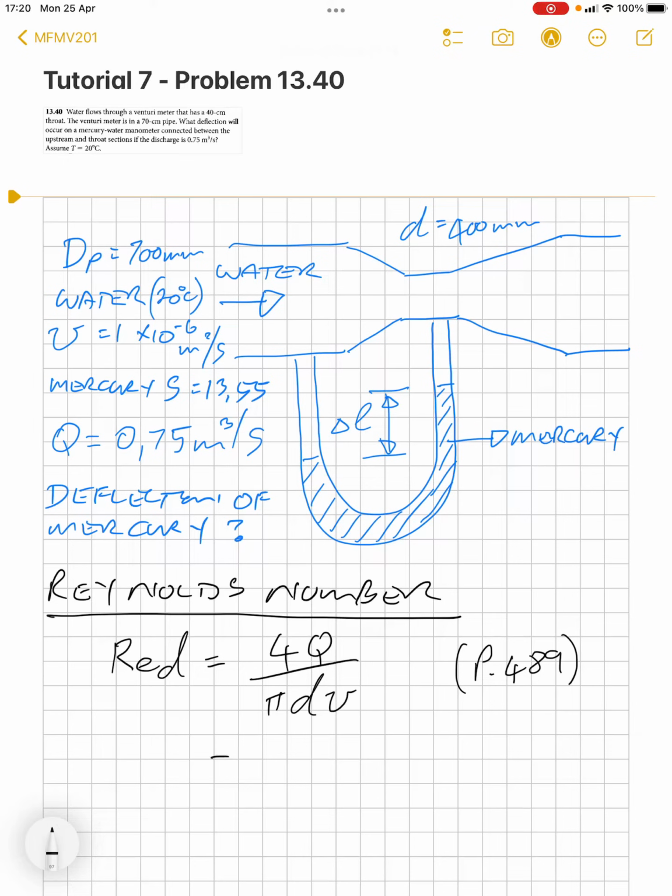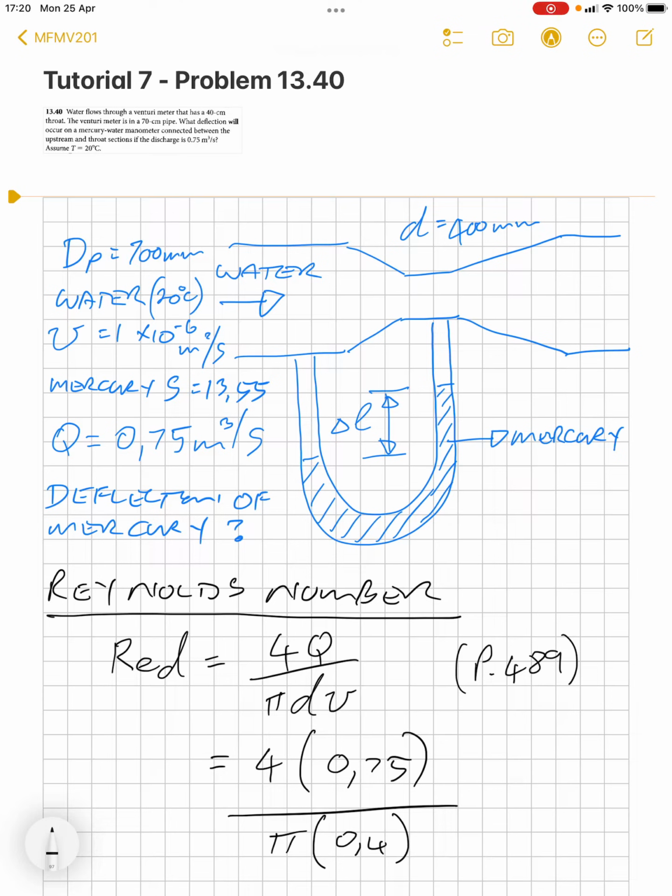Substituting into that formula, we get 4 times 0.75, which is the discharge, divided by pi, times the diameter, 0.4.